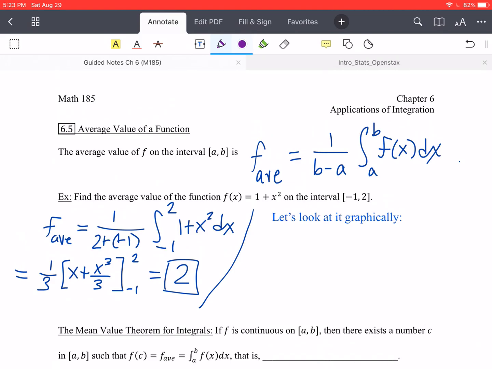If we look at the graph, we have 1 plus x squared from -1 to 2. Let me extend the axes a little bit.